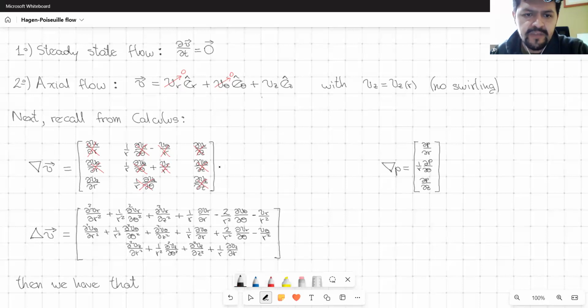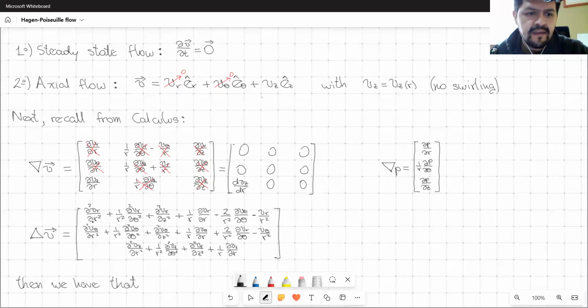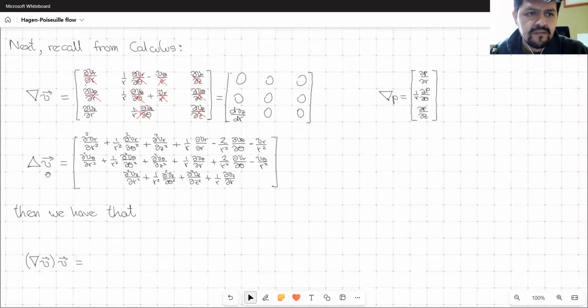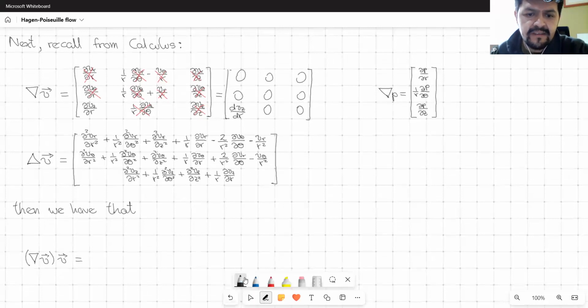In a sense, all that we end up with is a matrix whose only non-zero component is this, whereas everything else will be filled with zeros. In a similar way, if we go to the Laplacian of the velocity term, all the v_r and v_theta terms are 0.